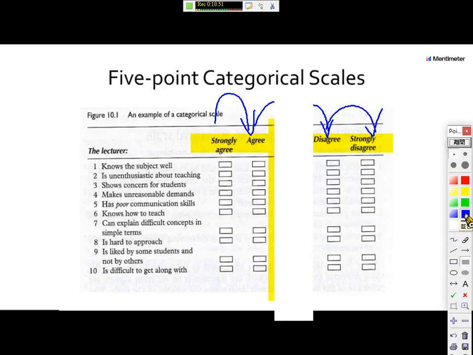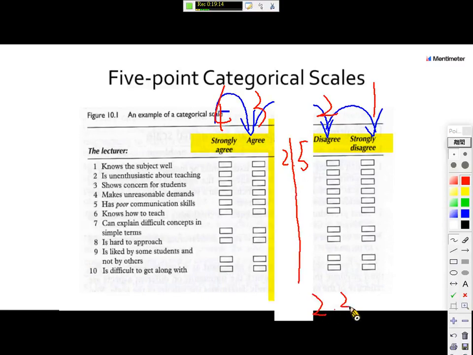Then we need to put the numbers here: 4, 3, 2, 1. So when we calculate, it will be somewhat difficult. For example, if you get an average of 2.5, well, lucky for us, it's just in the middle. But how about 2.2? The intensity of 2.2 is a little bit difficult to explain.